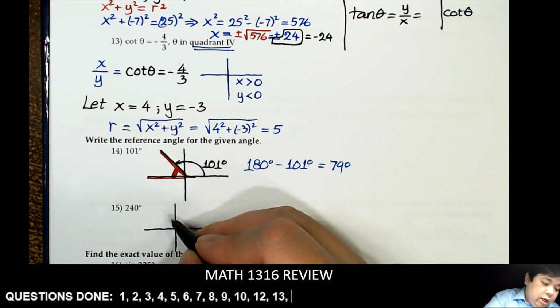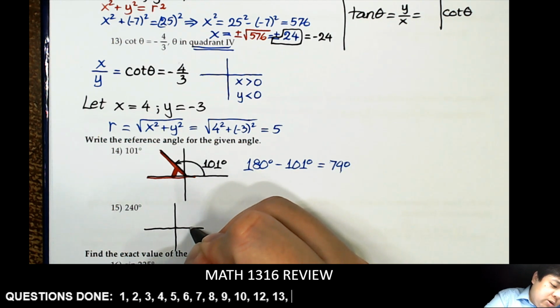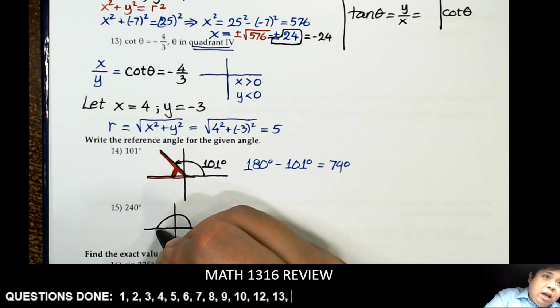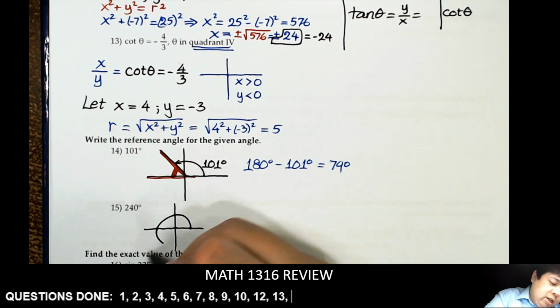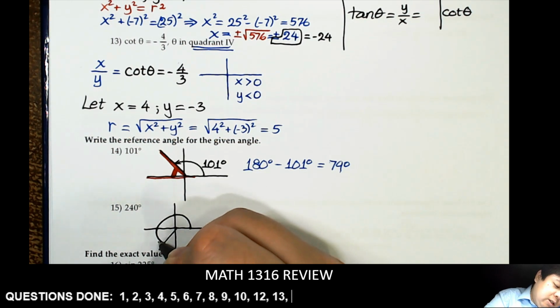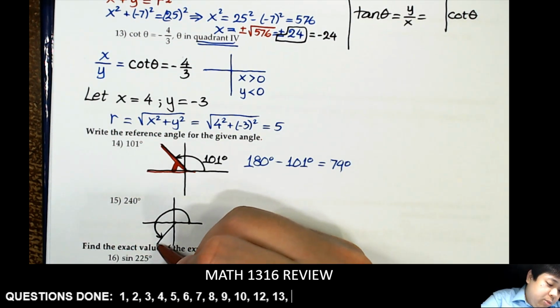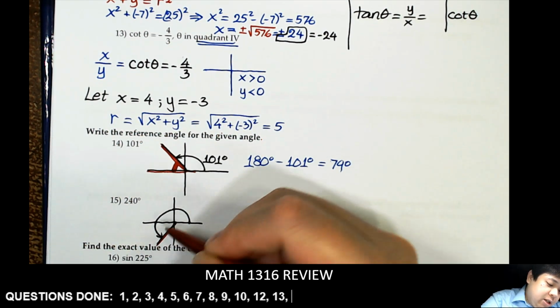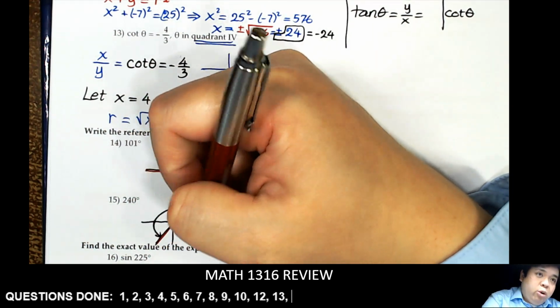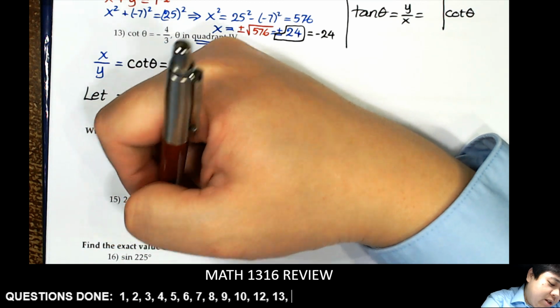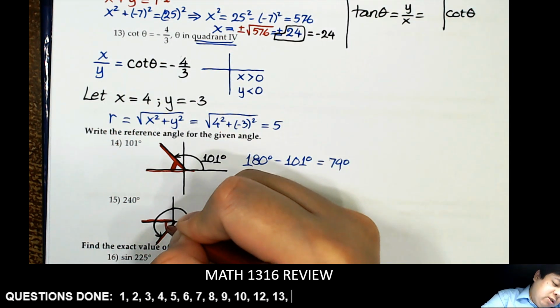240. So we start with 0, 90, 180, and 240. So somewhere in the third quadrant. We will take the terminal ray, with either the positive or negative x-axis, whichever gives us an acute angle.